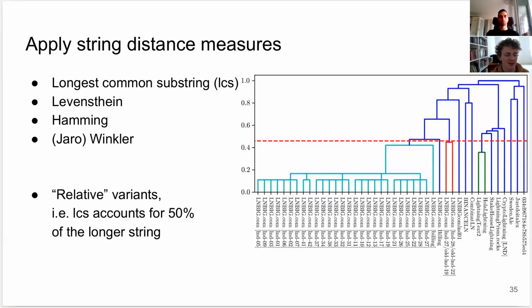And what you can see is that it finds all of these LNBig nodes in one big cluster, but it also finds two nodes that contain the term lightning, and it finds them to be quite similar. But as it turns out later, they're hosted on two different autonomous systems, so they would not be considered a cluster.